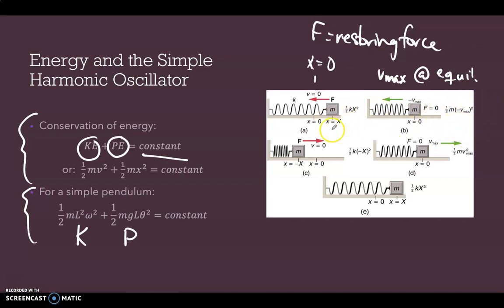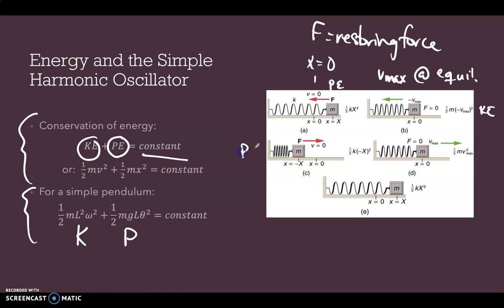So again, we started here, where we've got a restoring force and therefore some kind of potential energy. Then as it goes past the equilibrium point, it's going to have some kinetic energy.